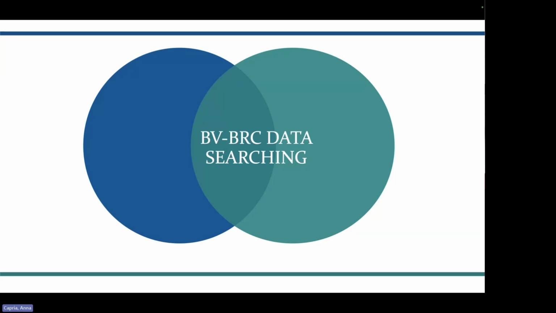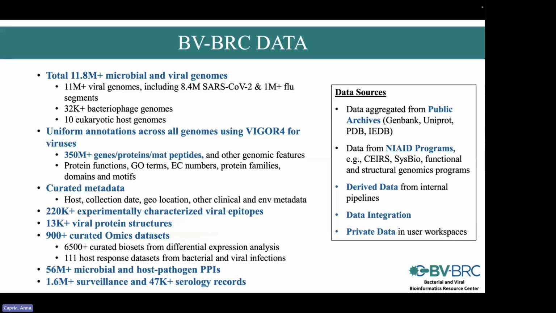So to give you an overview on what our BV-BRC data is, we have over 11.8 million microbial and viral genomes. 11 million of those are viral, including over 8 million SARS-CoV-2 genomes, 1 million flu segments, and 32,000 bacteriophages. And we also have 10 eukaryotic host genomes to compare to as you need.